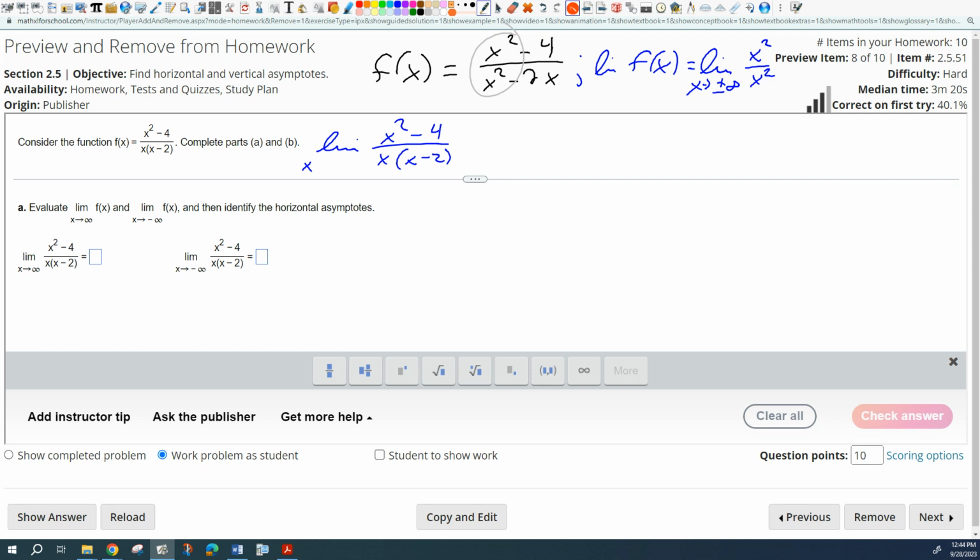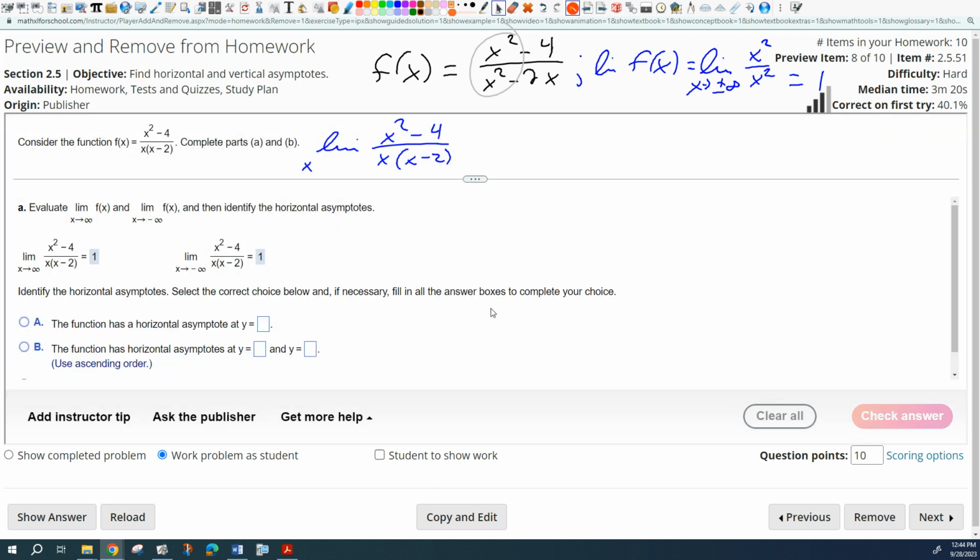That's when we can do that. So x squared over x squared is 1. So I just get 1 for both those. Okay, so that one's knocked out. That's one. Check answer. Boom. Okay. Part B.